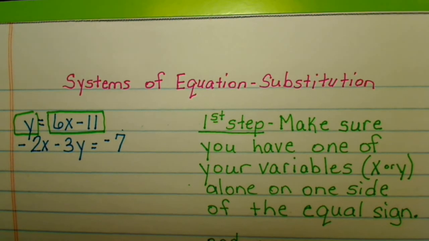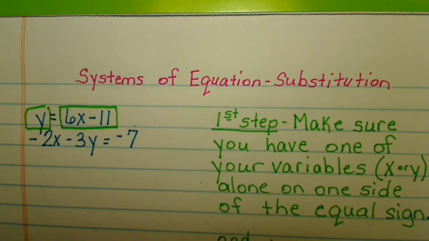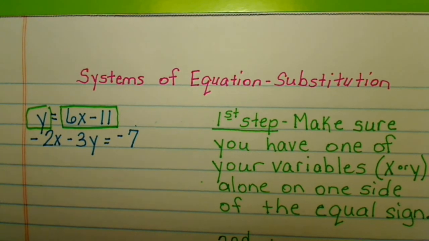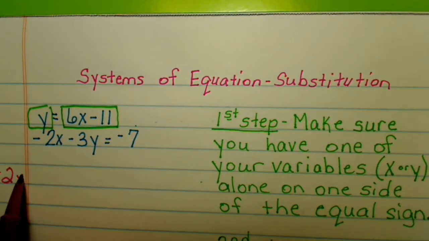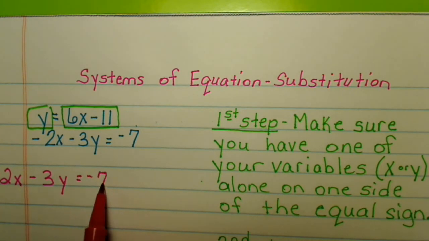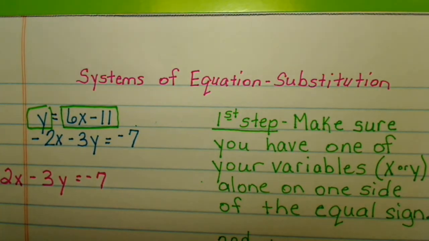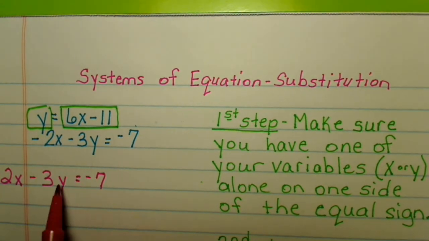They don't look just alike, but they're equal. Okay, so then down here we're going to use this equation, negative 2x minus 3y equals negative 7, and we're going to substitute what that y is equal to into this equation.